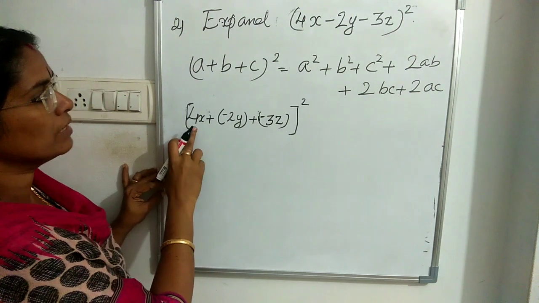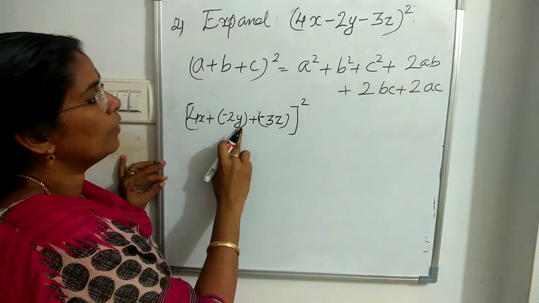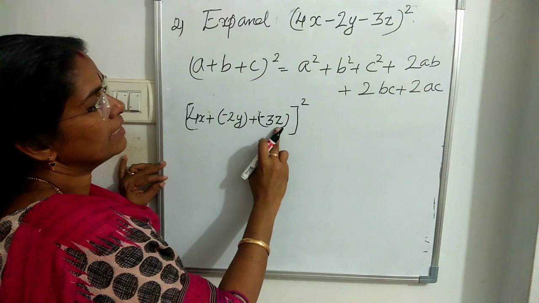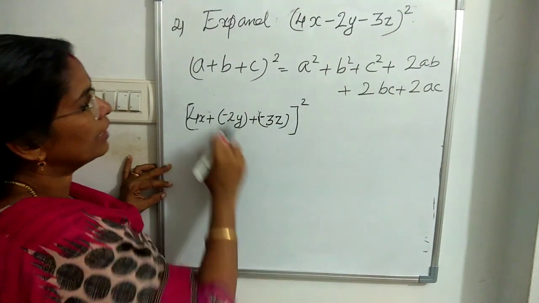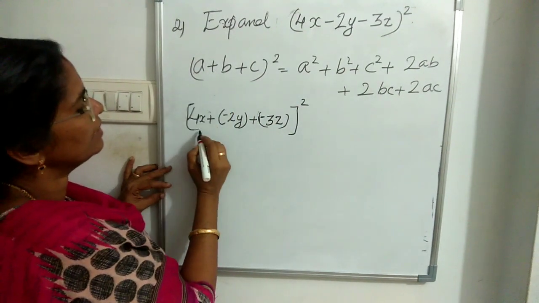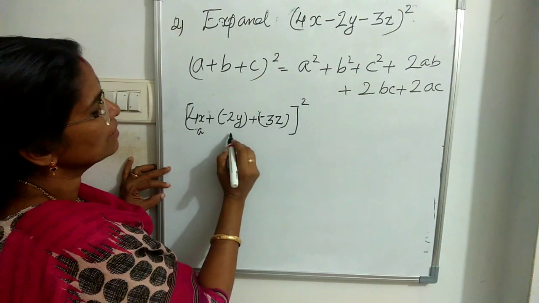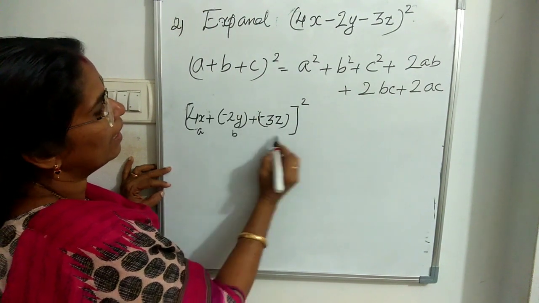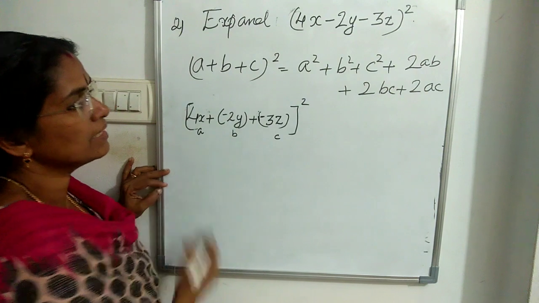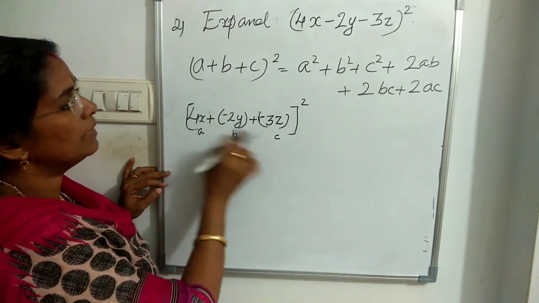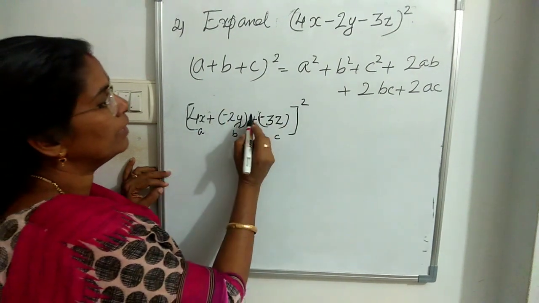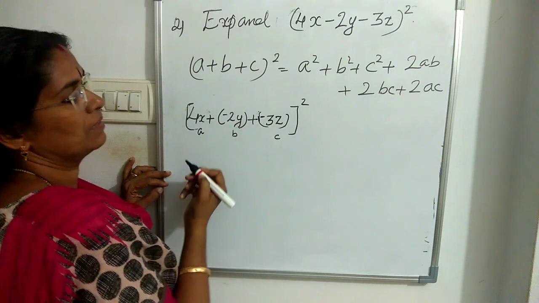Okay: (4x + (-2y) + (-3z)) whole square. Now you can compare. Here a is 4x, b is minus 2y and c we can write as minus 3z. These are the values instead of a, b, c. Okay, now we are changing this minus as plus minus.